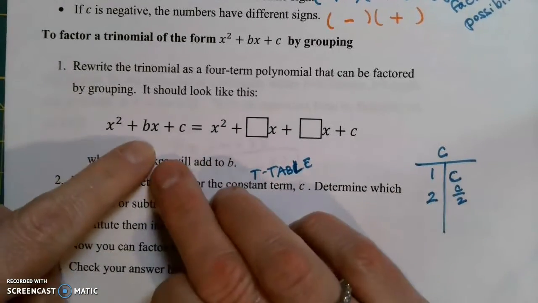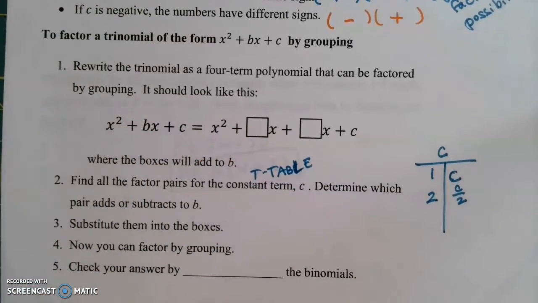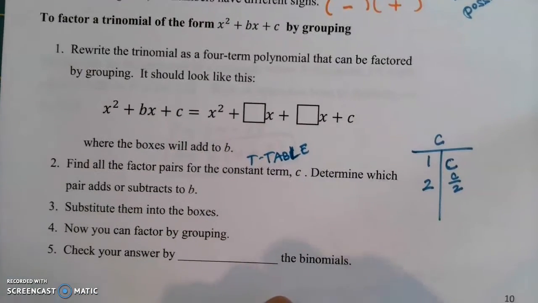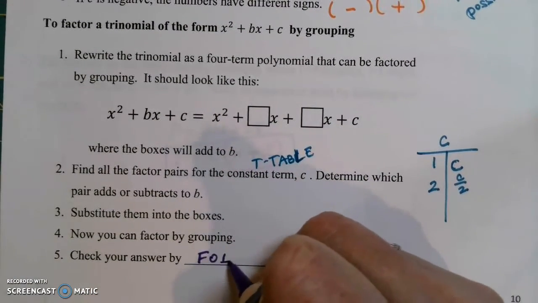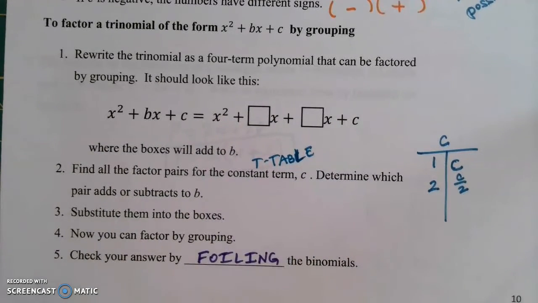So this term is not fixed. You can separate it into 2 terms in order to use that factoring by grouping process. And then of course, you always want to FOIL those binomials at the end to make sure that you can get back to your original polynomial, in this case, trinomial.